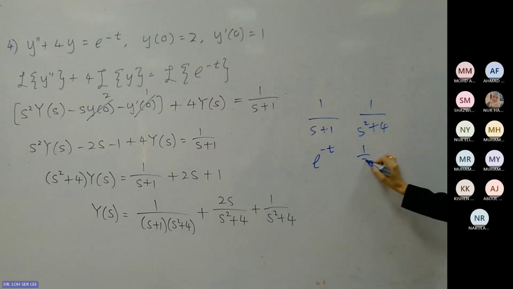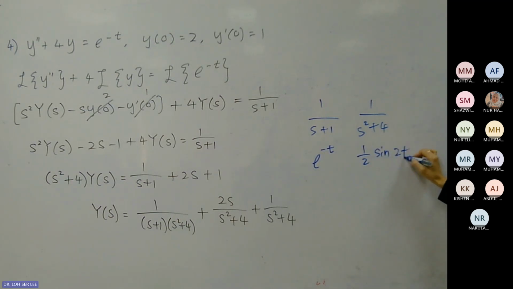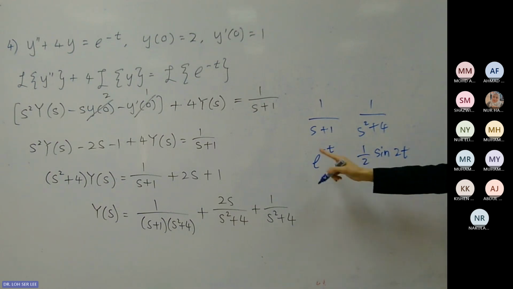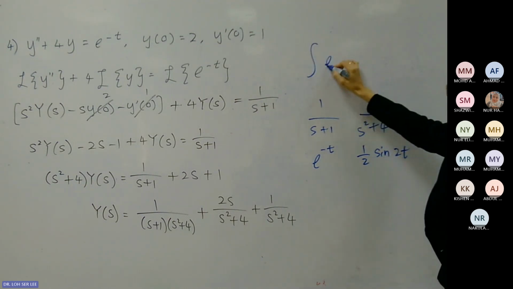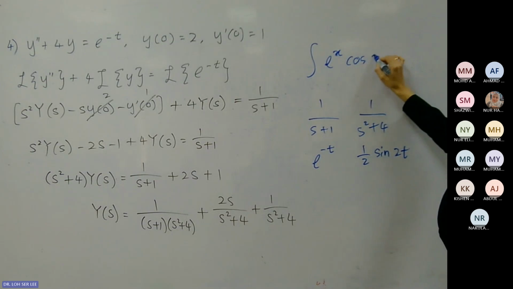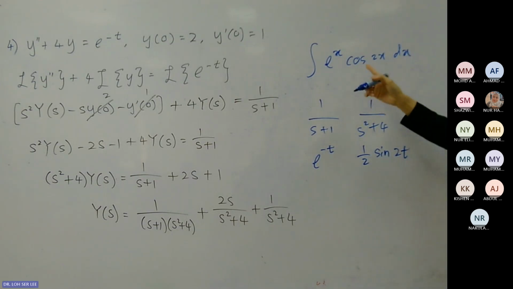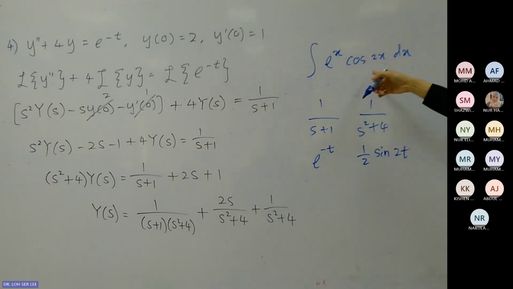Later, when you change one into u and that one into t minus u, you have to integrate the product function that contains an exponential function and sine. Do you still remember how to integrate a product like x cos 2x?